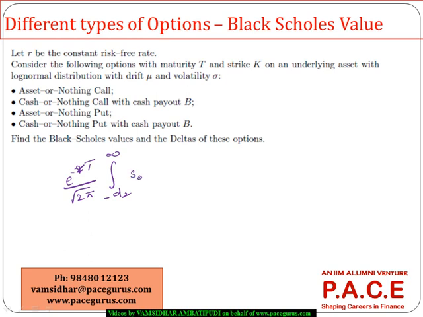I'm looking at S naught e to the power of, here I am taking mu itself, let's say mu minus q minus sigma squared by 2 times t plus sigma root t times x, into e to the power of minus half x squared dx.